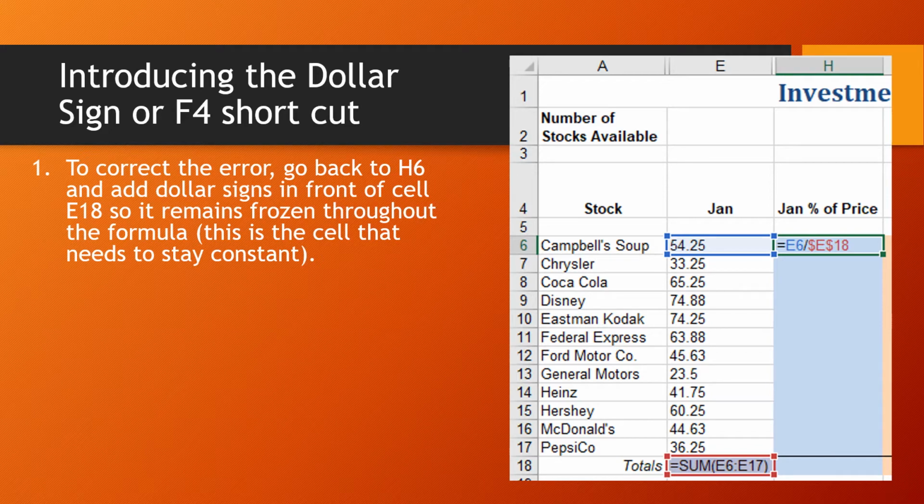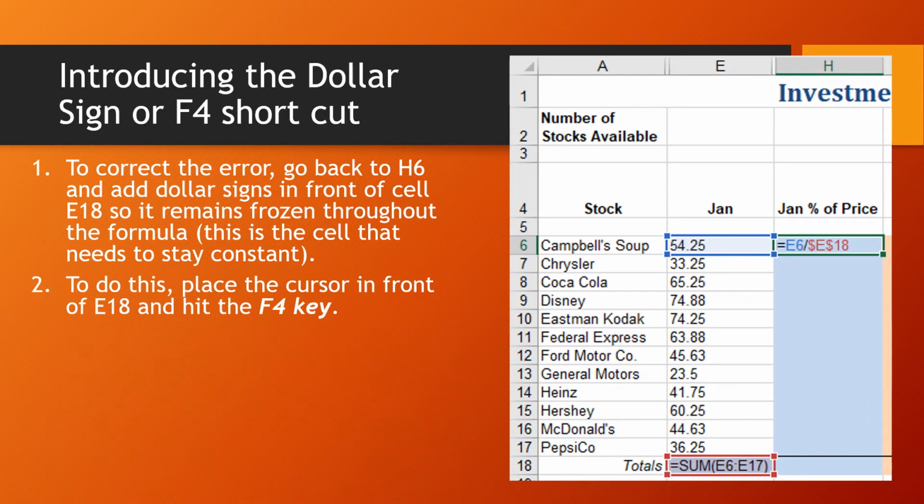To correct the error, we're going to go back to H6 and add dollar signs in front of the cell E18 so that Excel knows to remain frozen using that cell throughout the formula. In other words, E18 must stay constant. To do this, we place the cursor in front of E18 and hit the F4 key.